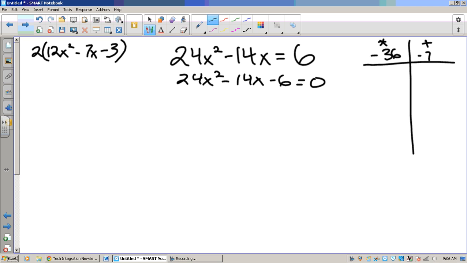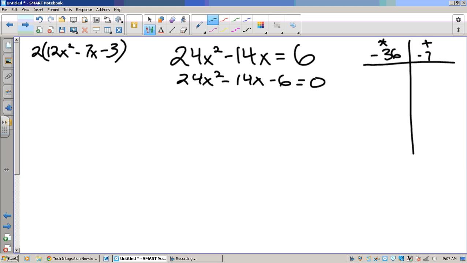Give you a moment to figure that out. Lucas? Jasmine? You don't have anything? Actually, you're not going to be able to come up with a number that multiplies to negative 36 and adds to negative 7.